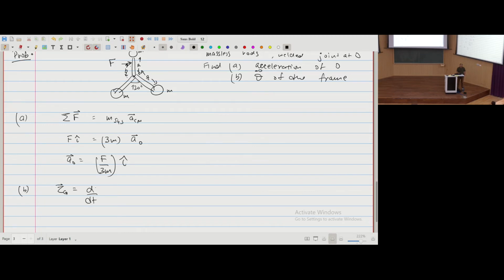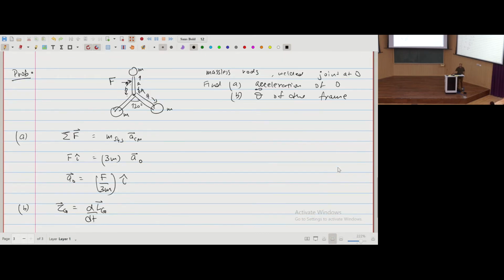is equal to d by dt of the angular momentum about center of mass. I am using G here because let's use G everywhere, that's easier.